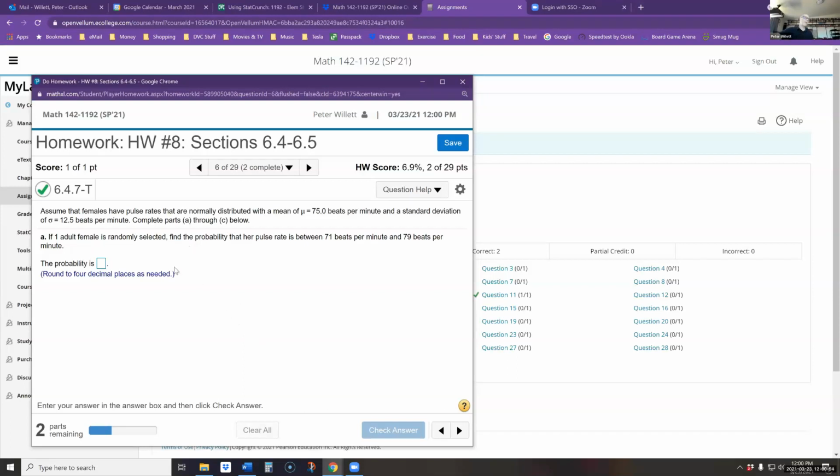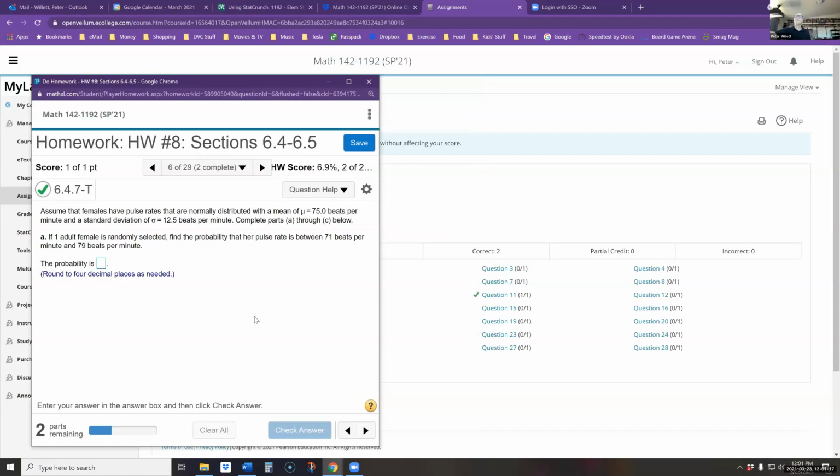And then in part A, they say, if one adult female is randomly selected, find the probability that her pulse rate is between 71 beats per minute and 79 beats per minute. So this is kind of like a chapter 5 problem. So can anyone chime in with how I would do part A here?